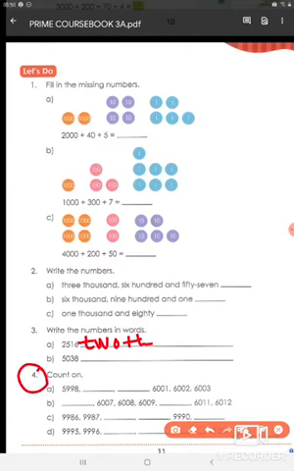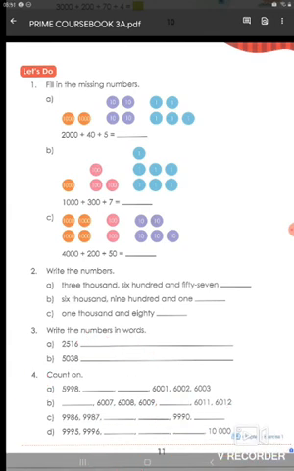Then there's 7, 8, 9, so we know they're counting in ones. 6,007 minus 1 is 6,006. 6,009 plus 1 is 6,010. Then 11, 12 fits, right? This one's counting in ones and this one's counting in ones.